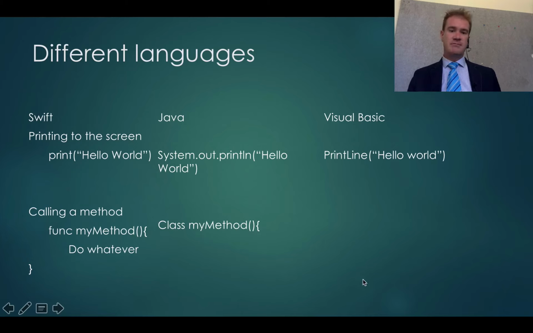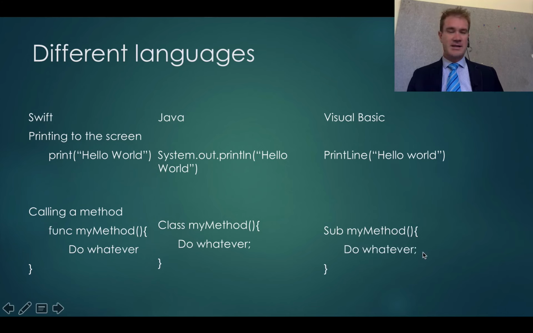With Java, we say class instead of func or function, and then my method name, and exactly the same type of thing. At the end of each line in Java, we end with a semicolon. In Visual Basic, we might call it sub my method. Do whatever, again ending with a semicolon.